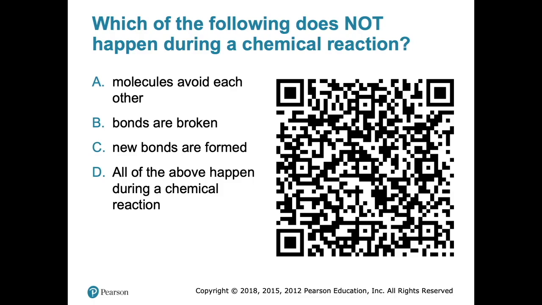Yes, molecules must collide for a reaction to occur. Molecules must collide for a reaction to occur, but that says molecules avoid each other, right? So make sure you're reading these things carefully and you're listening to what I'm saying, especially those people who picked all of the above, okay? I'm not saying these things 5, 6 times for my health, all right? So make sure you're listening and you are reading the question carefully, okay?